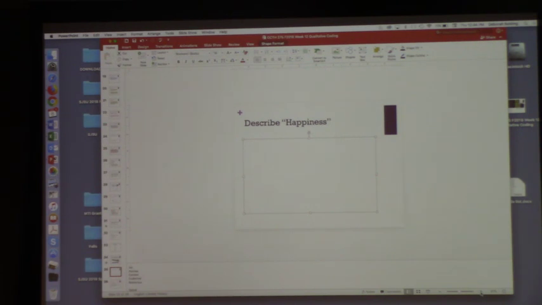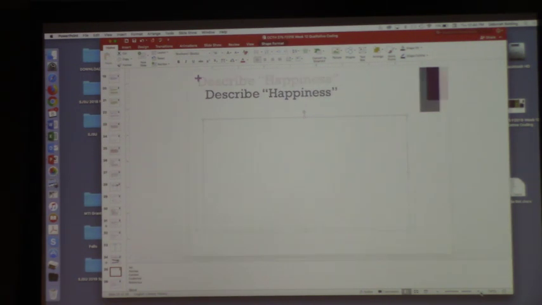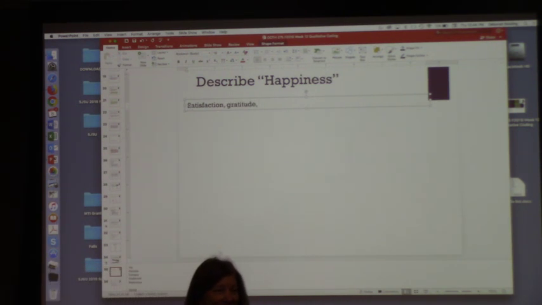Have you all come up with the definitions for happiness or how you would describe happiness? How would you describe it? Satisfaction. Gratitude. Somebody over here? Joy.